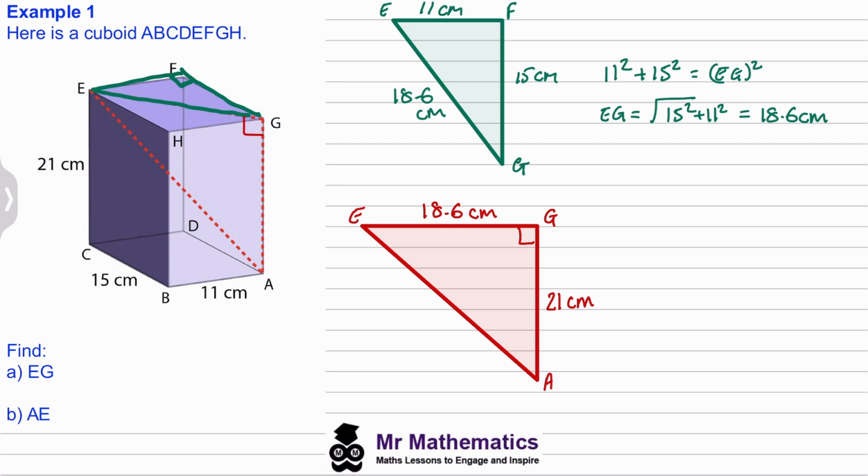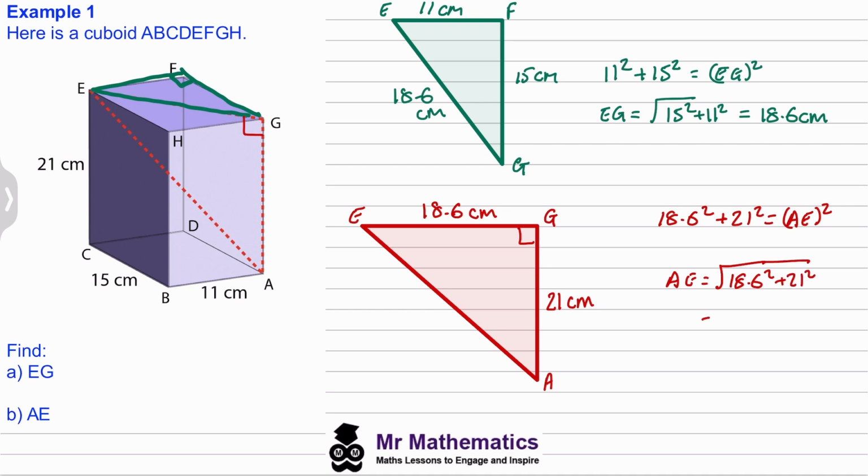Then applying Pythagoras' theorem again, we can work out the hypotenuse of our red triangle. This will be 18.6 squared plus 21 squared to make AE squared. So AE will be the square root of 18.6 squared plus 21 squared.